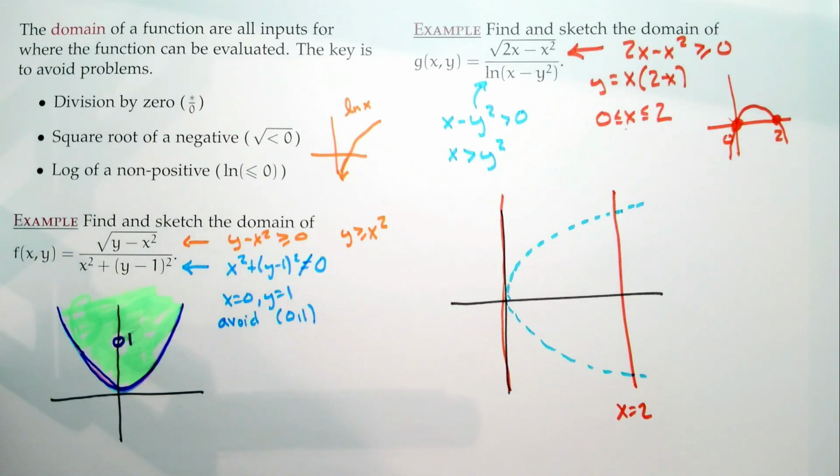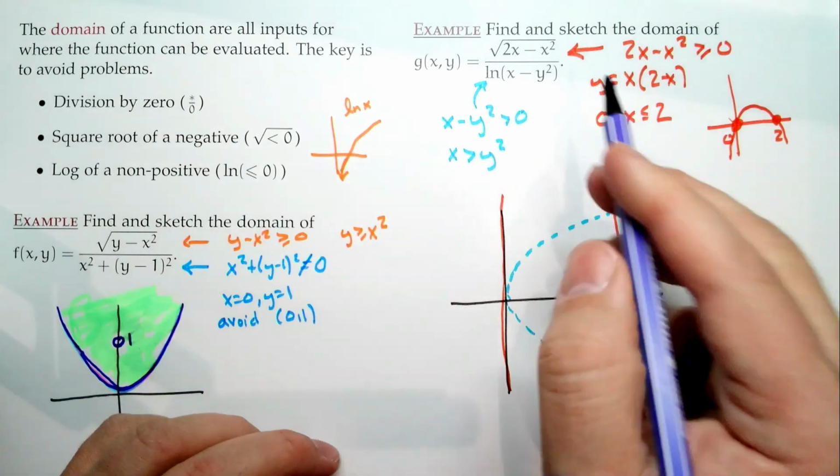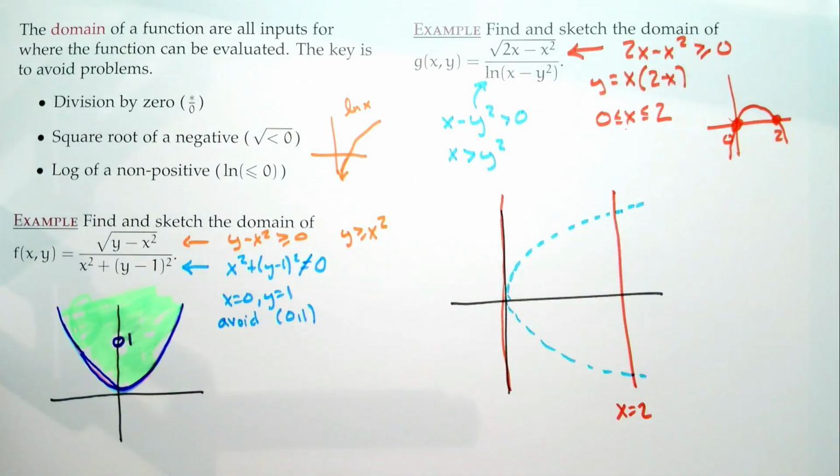Okay. Natural log of 1. Yeah, we don't want to divide by 0. All right. So how do we handle that? Someone said, look, I don't want to have the denominator be 0. The denominator involves a log. So when does log equal 0?